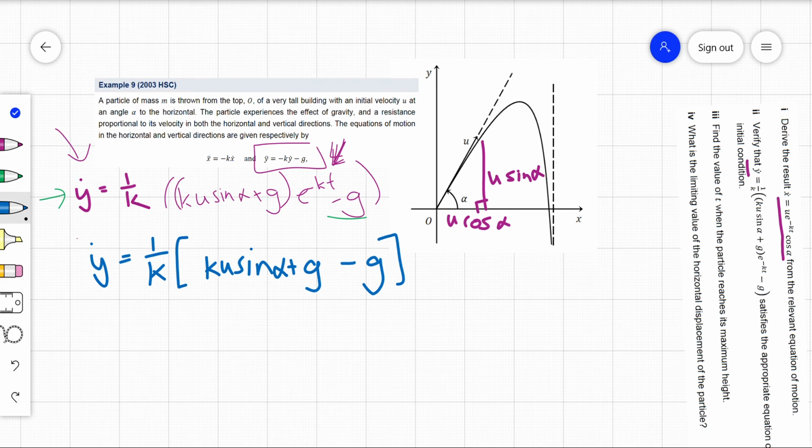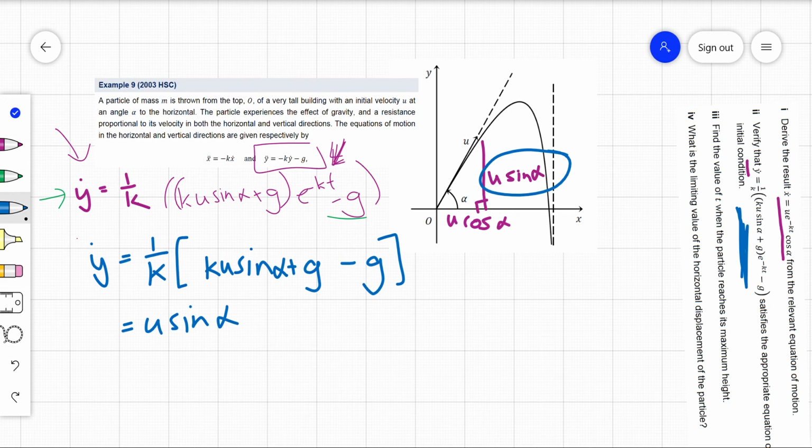Is that right? Okay, I'm looking over here and putting t equals 0 in because I can't read my own writing. And so what we'll get is just u sine alpha, which is what we want, isn't it? That should be the initial condition. So our y dot should equal u sine alpha. So yes, this part 2 we've verified.